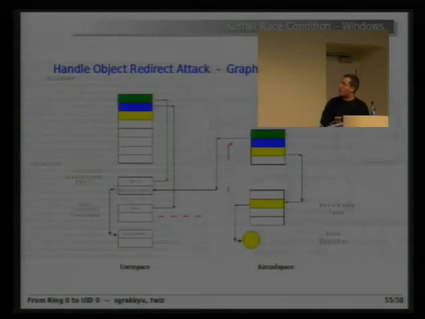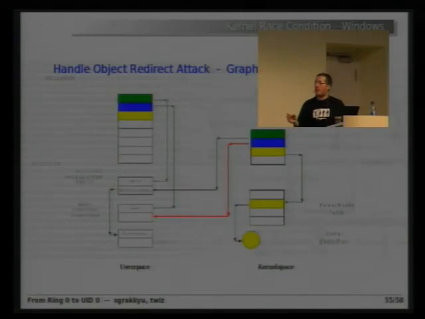Then when it tries to access a second parameter in the user space, for example here in data, a race occurs because a page fault occurs, a new thread can be scheduled, and what does the new thread do? The new thread simply closes the handle and then reopens it using another object.